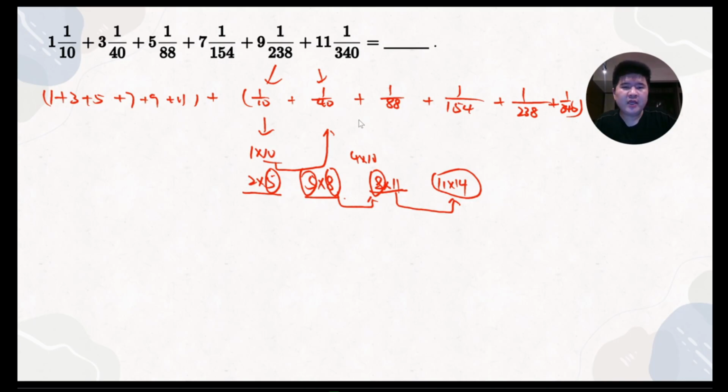We can just turn the denominators into the product of two numbers. And we can also make sure the difference between these two factors is fixed at 3.